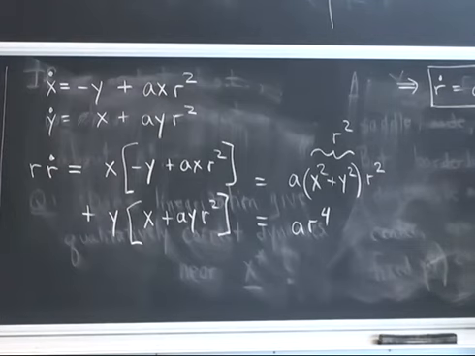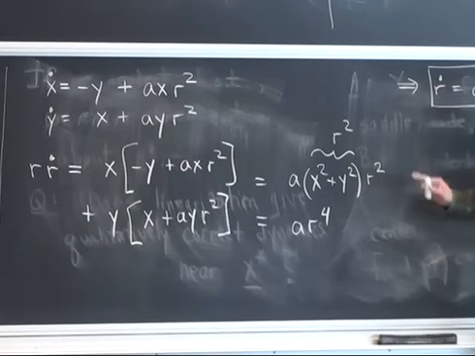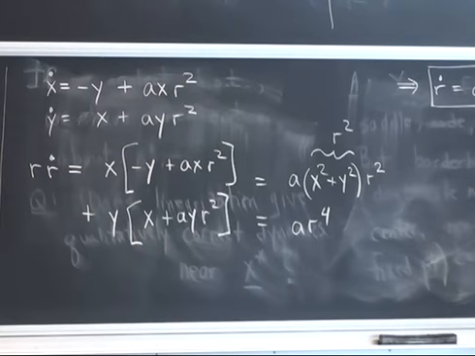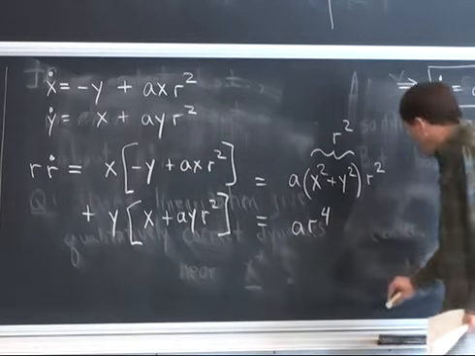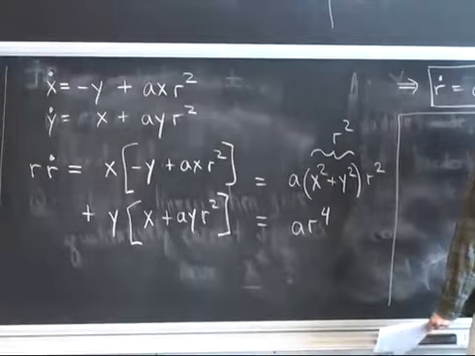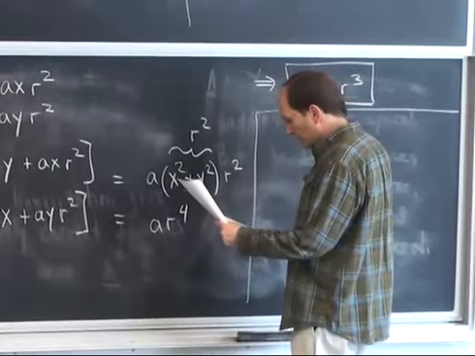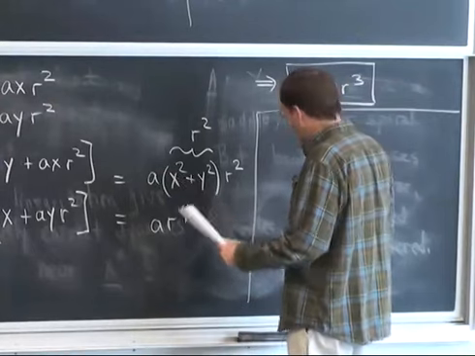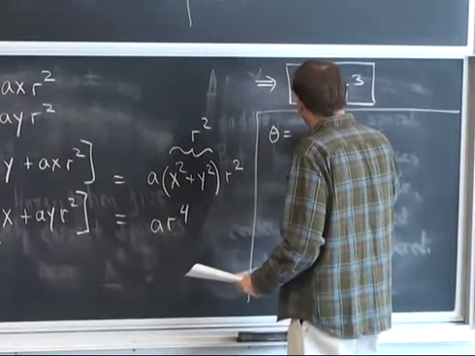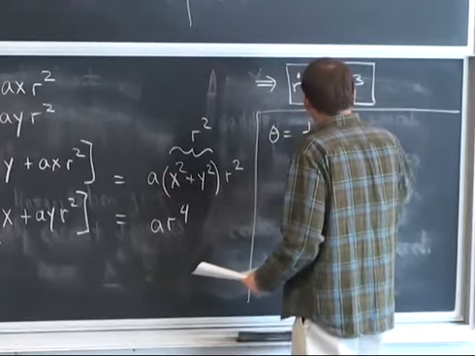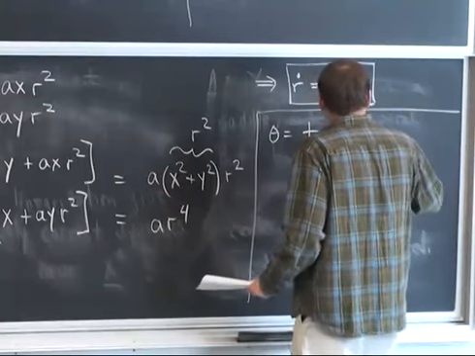Now what about the theta dot? We're not done because we need another equation. Do you want to ask anything about the r dot manipulations? You're okay with that? So for the theta dot analogous manipulations, the best move is probably to say theta is inverse tangent of y over x.